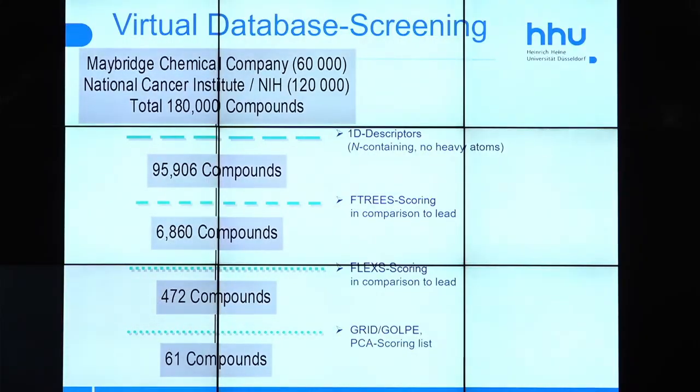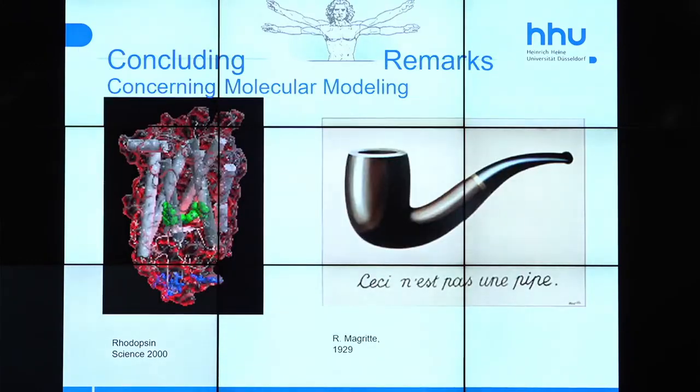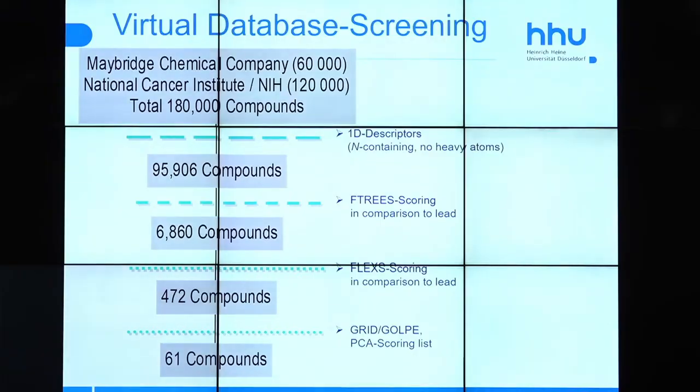This was really nice to have at that time, but even 61 compounds were not possible to synthesize, because these 61 compounds were of large heterogeneity. It's not that we change one substituent, so you have to make almost 59 different synthesis routes for all of the different structures. So that was not working.